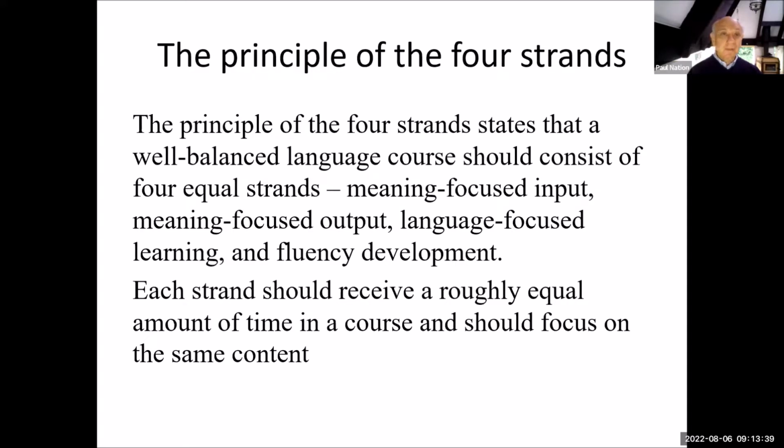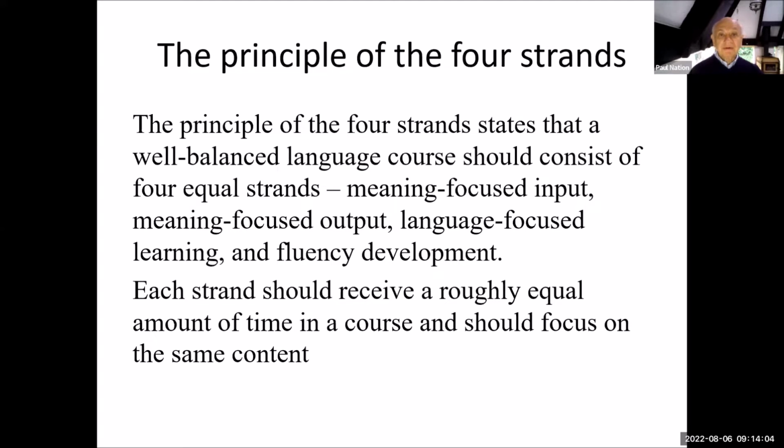And in a well-balanced language course, which includes what happens in the classroom and outside of the classroom, there should be roughly equal amounts of each of these 4 strands. And ideally, the strands should be connected to each other through sharing similar content material.